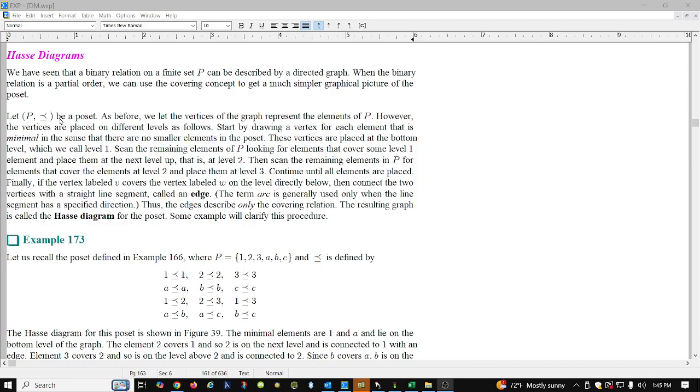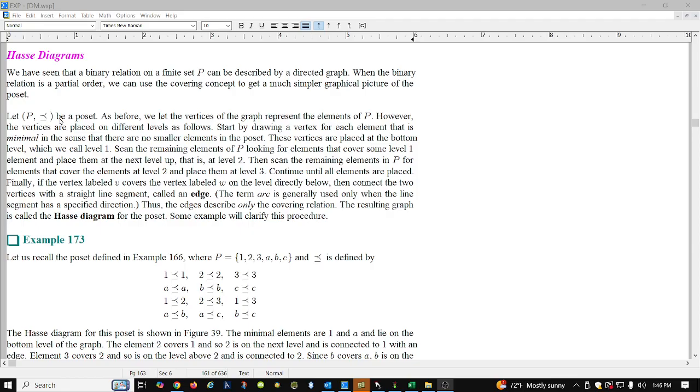And we'd start by drawing a vertex, a point in the plane, along a horizontal line segment. Draw each vertex that is minimal in the sense there are no smaller elements in the poset. So we look for the smallest elements and we set those on the first horizontal line. Let's call that level 1.